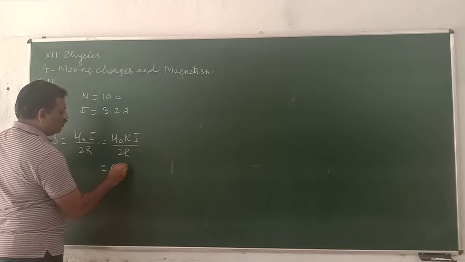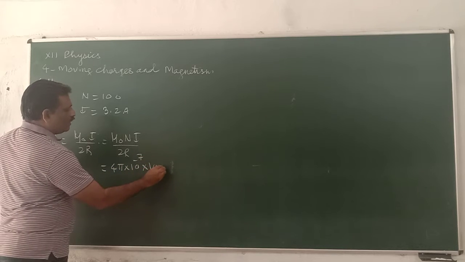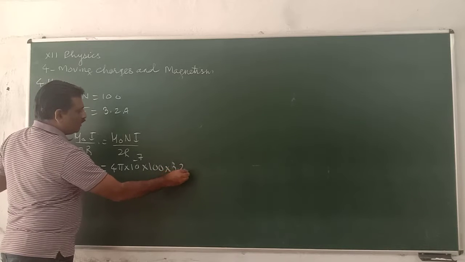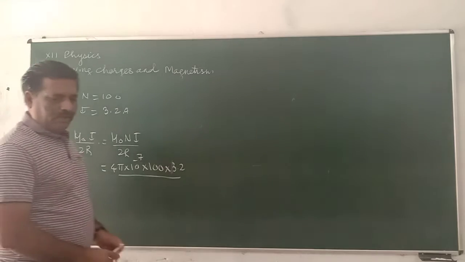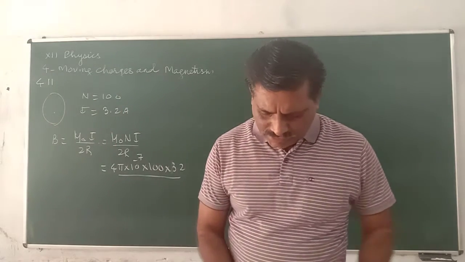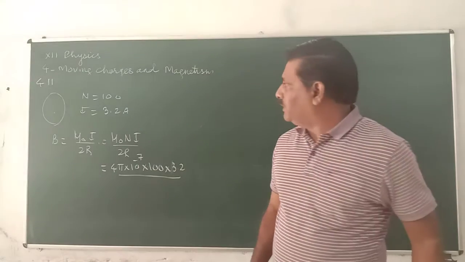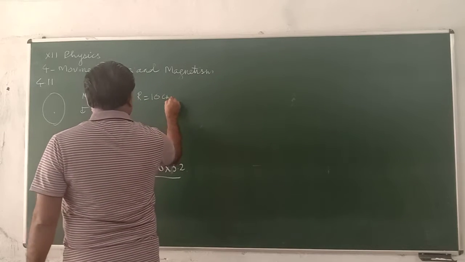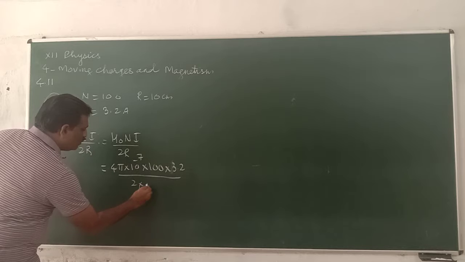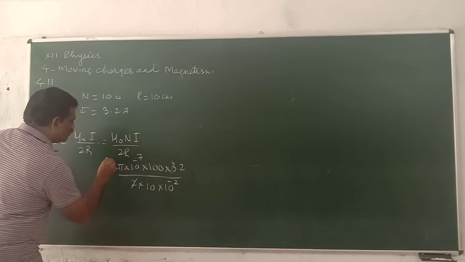Mu 0 is equal to 4 pi 10 raised to power minus 7, 100 into 3.2 divided by 2R. R is the radius of the turn, which is given as 10 centimeter, so 2 into 10 into 10 raised to power minus 2. It becomes 2 pi.